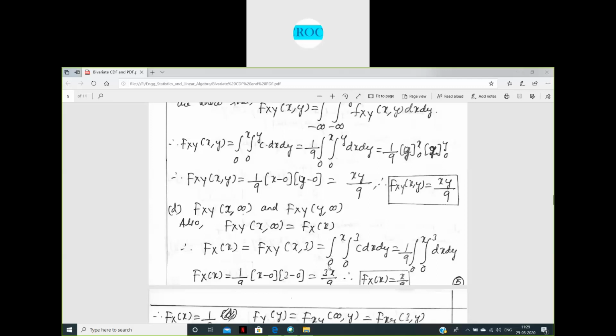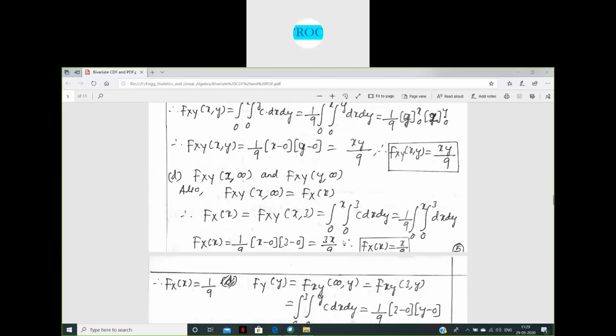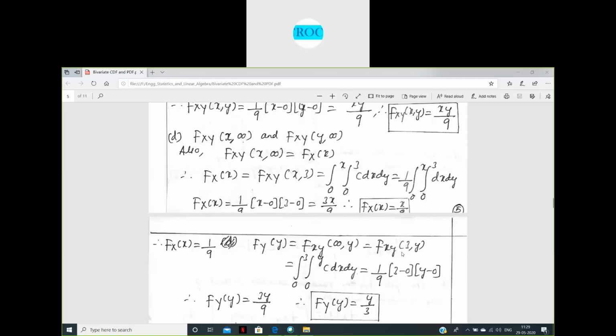So we have the integration from 0 to x, 0 to 3, of c dx dy. C is 1/9. The integration of dx from 0 to 3 will be 3. The integration of dy from 0 to x will be x here. So we have 3x/9, which gives x/3. Therefore FX(x) is nothing but x/3.